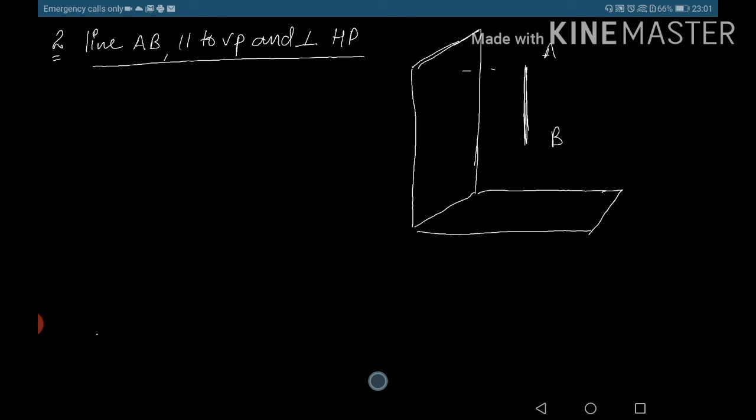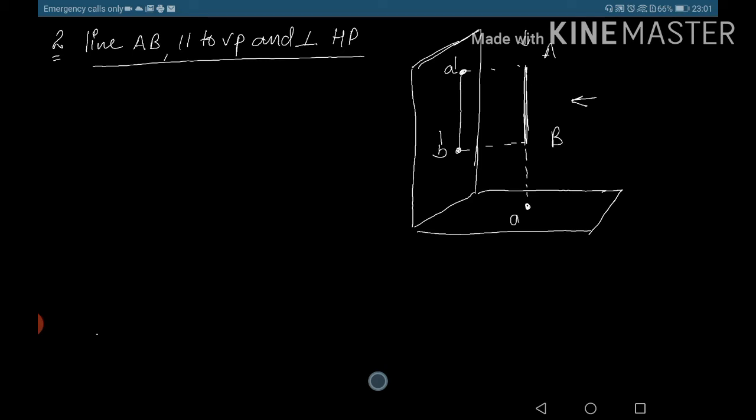Now see, this line is parallel to VP, the distance is same, and perpendicular to HP. So when you look from the top, its projection will be over here. Okay, when you look from this side, its projection of point A will be over here and projection of B will be over here. So joining these 2 points will be the projection of line A dash B dash.